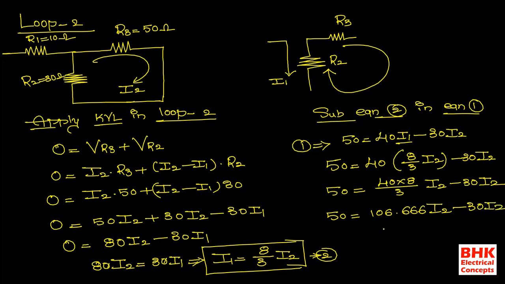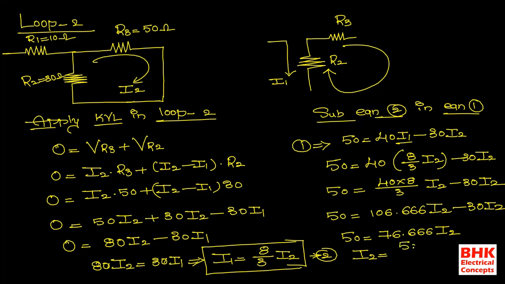Now just simplify. We have 106.666 and we subtract 30 from this. You will get the value as 76.666 I2. Now from this expression, we can get the value of I2.